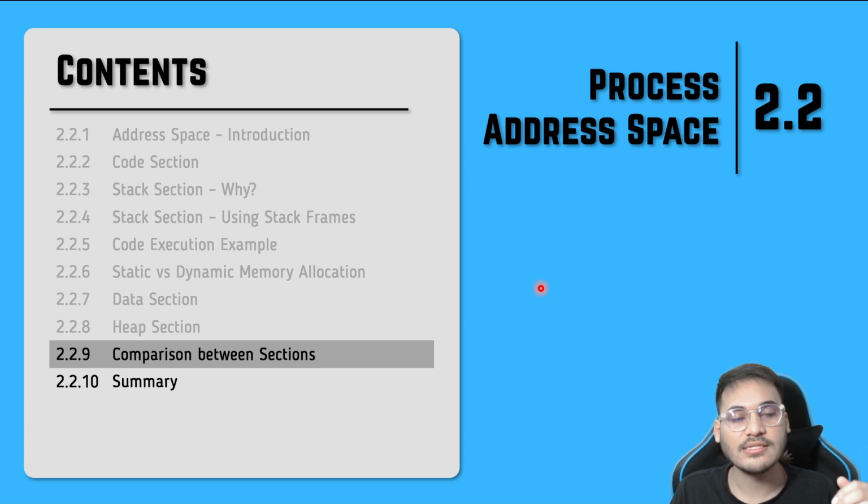Till now, the examples have focused on one particular section. So let's combine all the concepts we have studied in this topic and see an example which will help us see all of the sections in one big picture, and get a complete picture of the process address space.